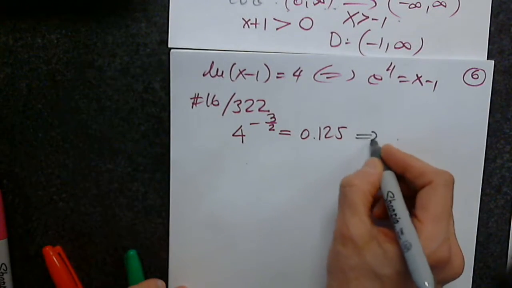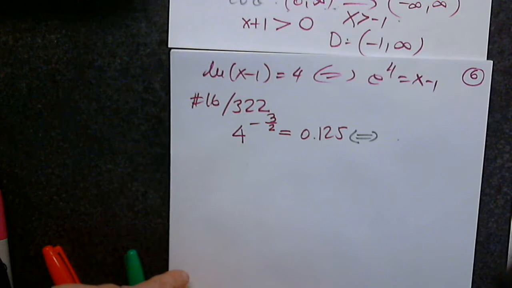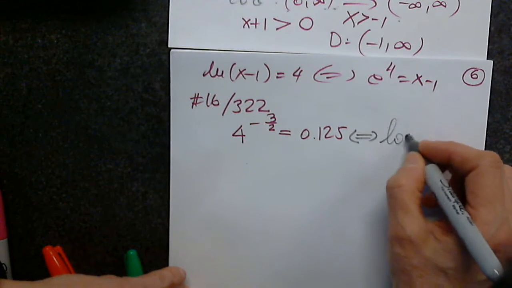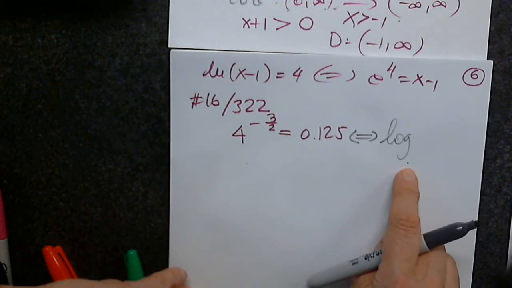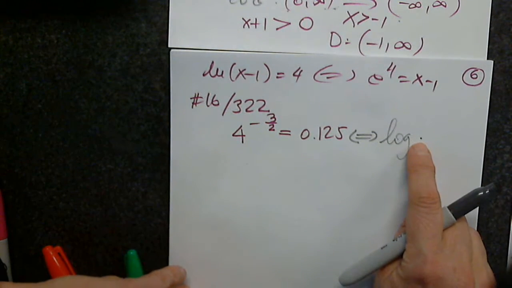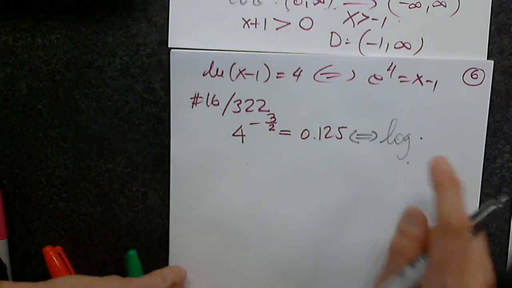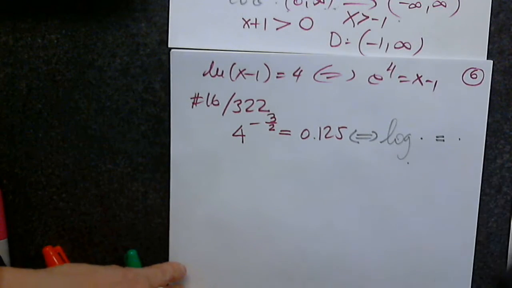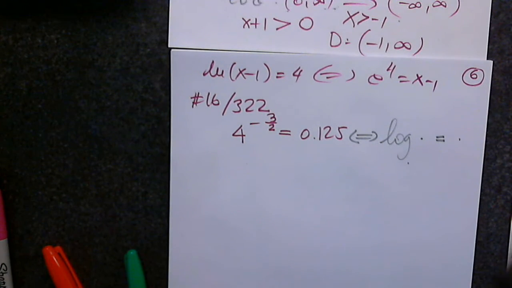In this problem, we are asked to change it into a log. So I will write log. I have to have something here as the base, something here as the number I apply log to, an equal symbol, and something here. And obviously, this raised to this has to be this.